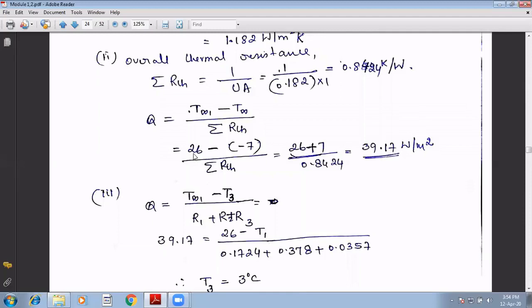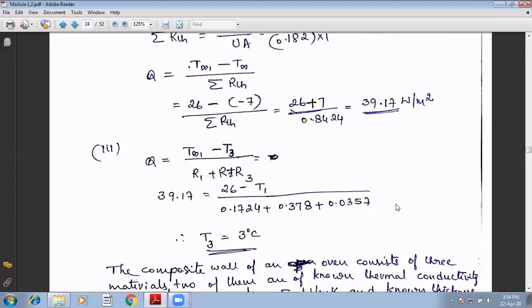Internal it is 26, external -7. You need to take the difference, so this will get added. This divided by total resistance 0.8424 gives you 39.17 watt per meter square. This is the heat transfer or heat flux, we can say, because we are considering area to be 1.